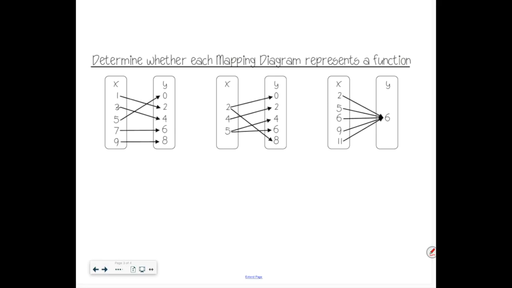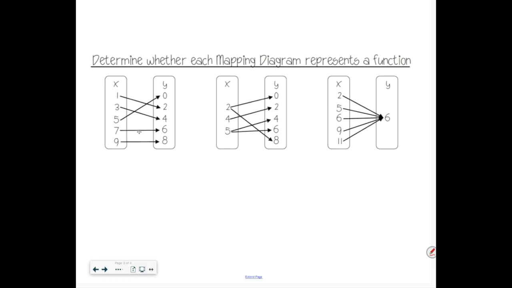Now 3, if we put that input in, we get an output of 4. 5, we get an output of 0. And it keeps going. All right? So for each input, our rule was you can only have 1 output. So each input only goes to 1 output.